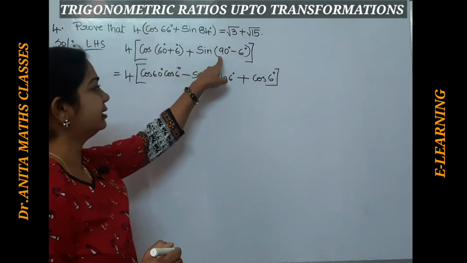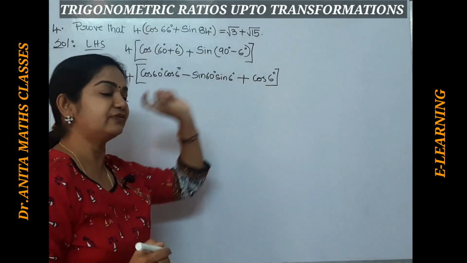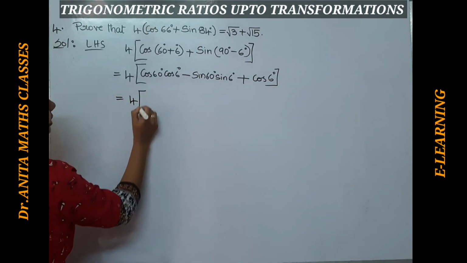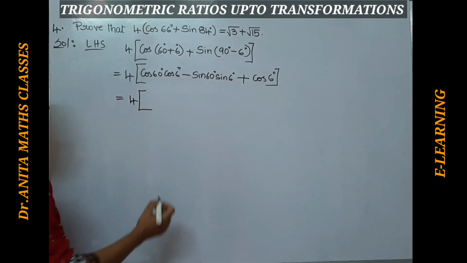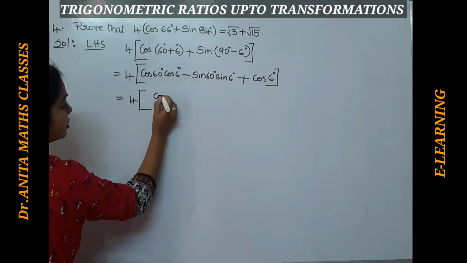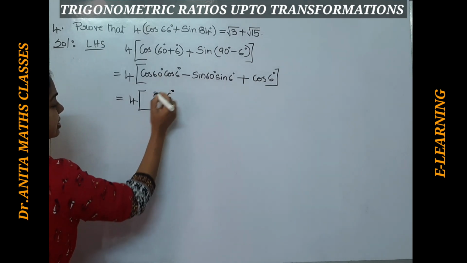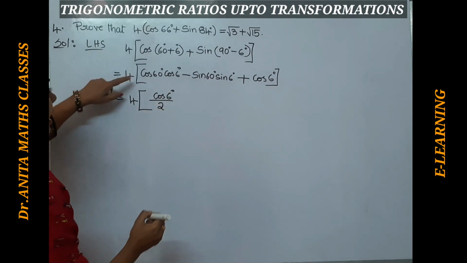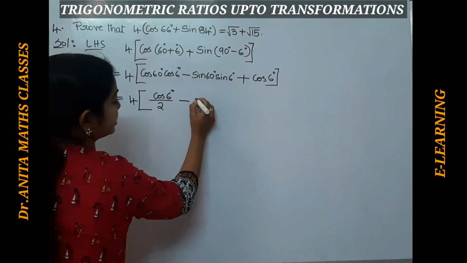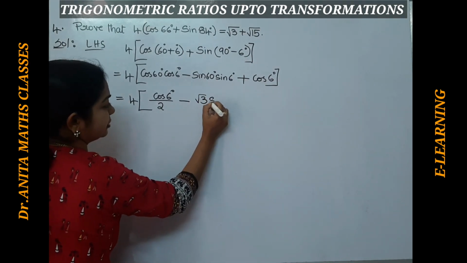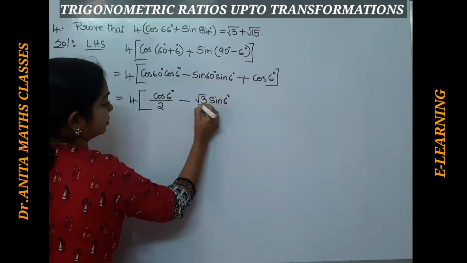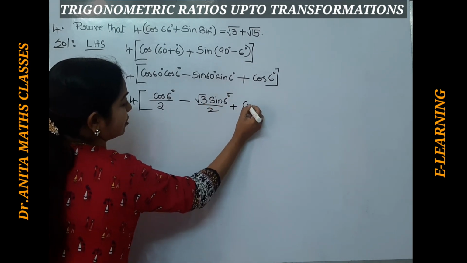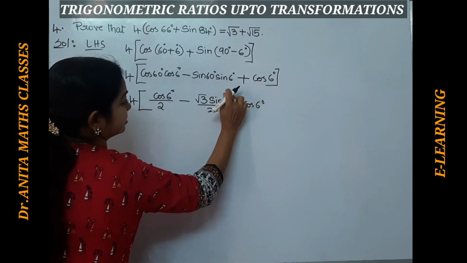Here let us do 4. We can write this as cos 60, which is 1 by 2, times cos 6, and minus sin 60, which is root 3 by 2, sin 6, plus again cos 6 degrees is there.